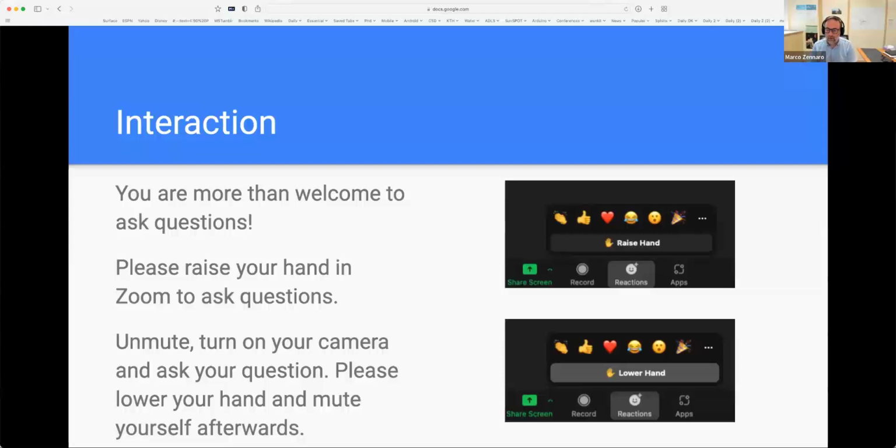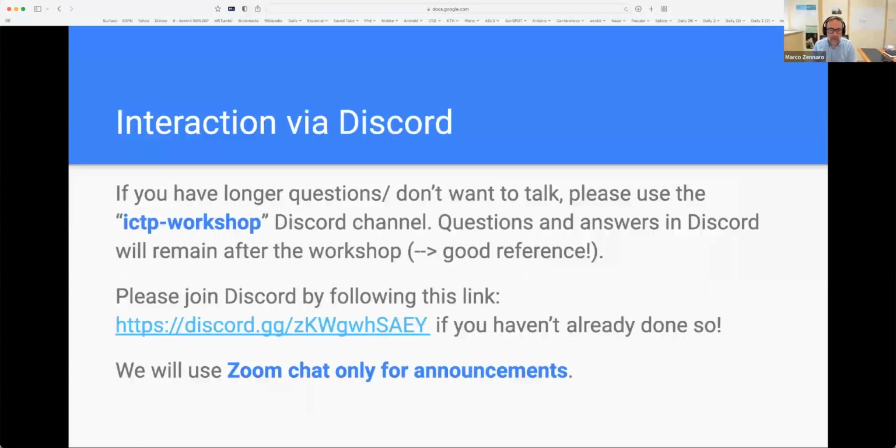Okay, so click on the raise hand button in Zoom, unmute, turn on your camera and ask your question when you're given the floor. Okay, and so then at the end, please don't forget to lower your hand and mute yourself afterwards. So again, feel free to ask questions at any time through Zoom.